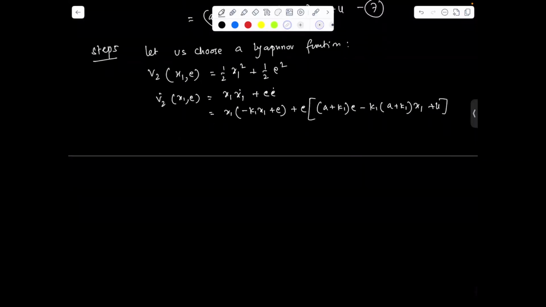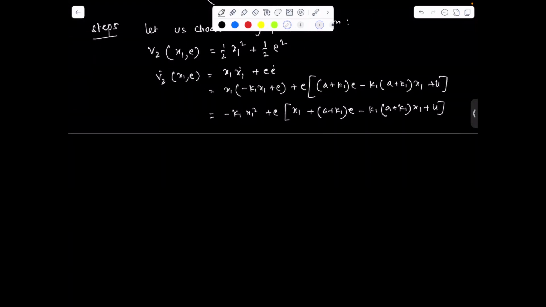From this we can write minus k1 x1 square plus e into x1 plus a plus k1 e minus k1 a plus k1 x1 plus u.